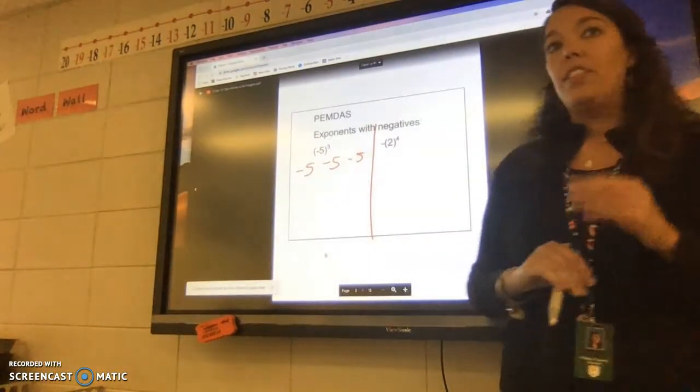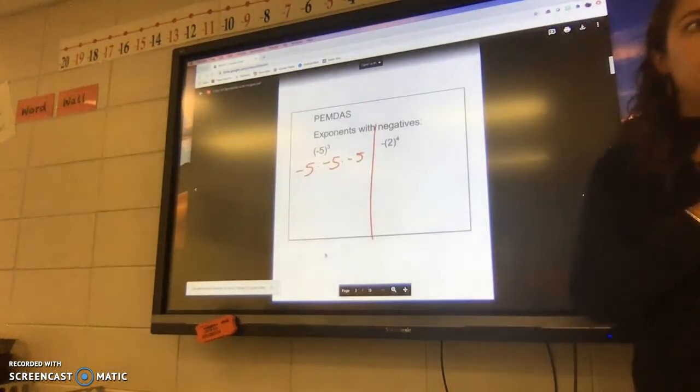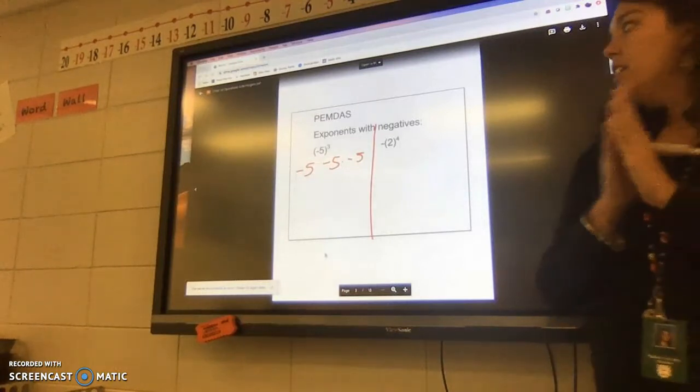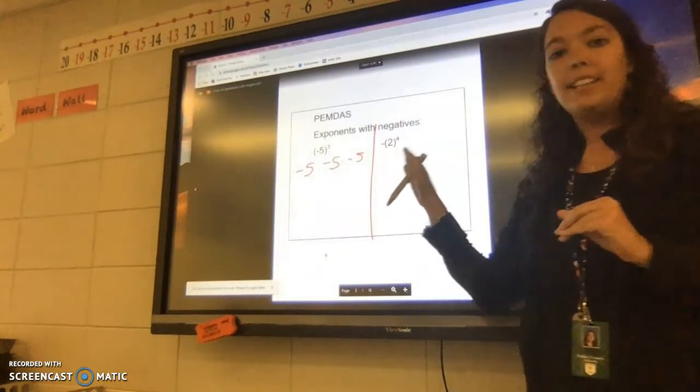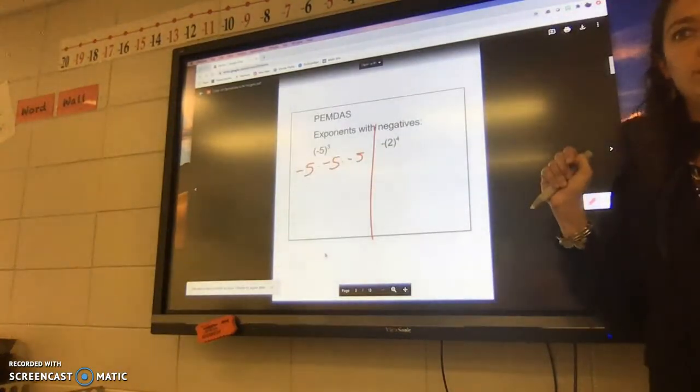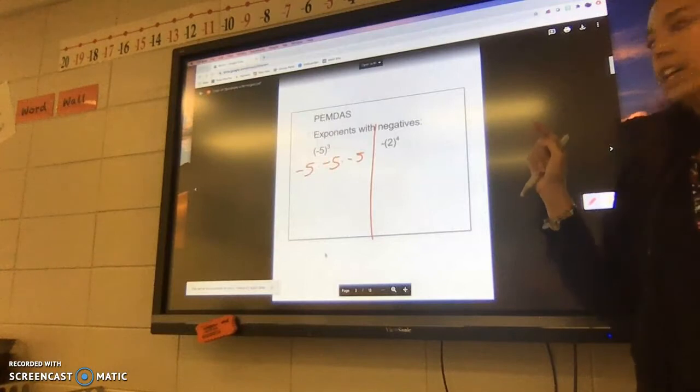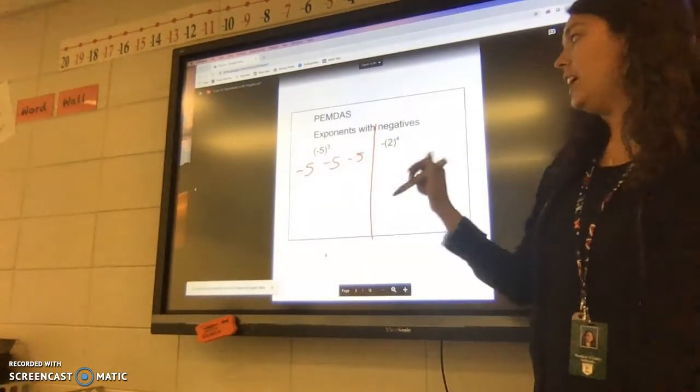The negative is actually with that number. This one is not. You see how the negative is not inside the parentheses? The negative is on the outside.